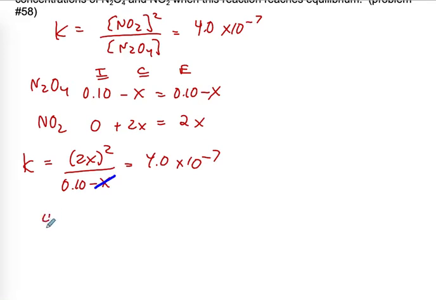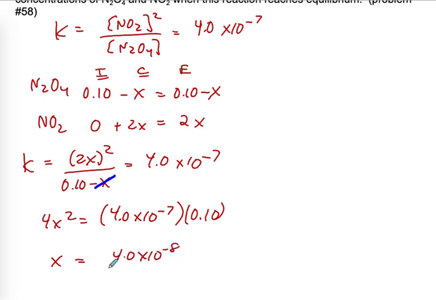That gives us 4x squared equals 4.0 times 10 to the negative 7th times 0.10, or x is equal to the square root of 4.0 times 10 to the negative 8th divided by 4, or 1.0 times 10 to the negative 4 molar equals x.